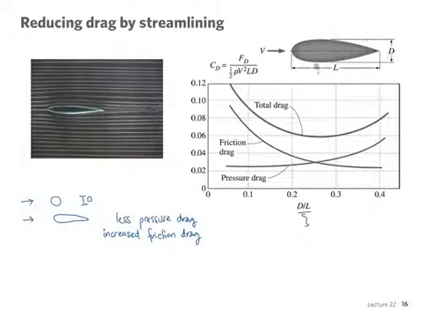And as you make the object more streamlined, L has to increase. You have this competition between friction drag and pressure drag, and the total drag will be the sum of the two. But there is an optimum found where the total drag is a minimum. Does that make sense?